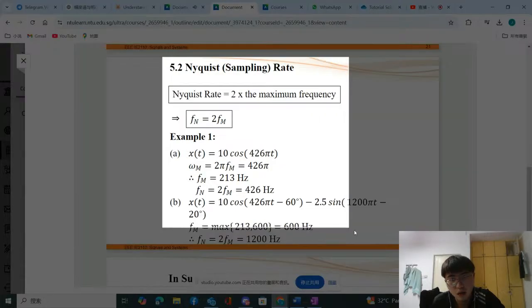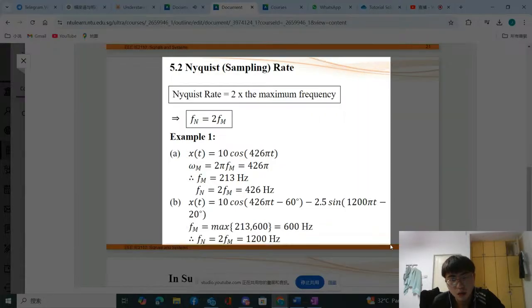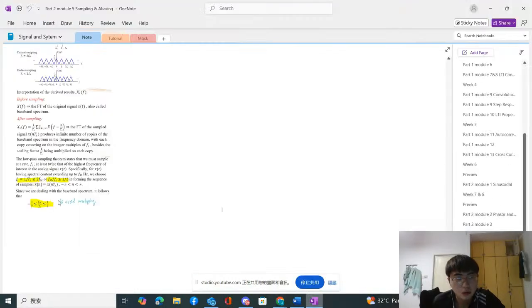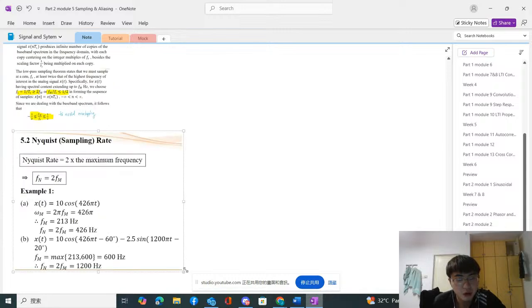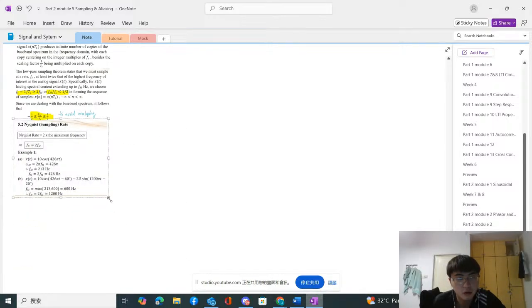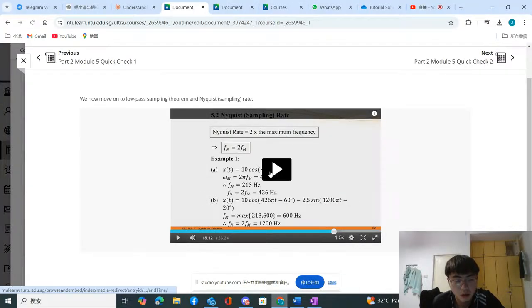Now, the Nyquist sampling rate simply states that it is equal to 2 times the maximum frequency. Right.